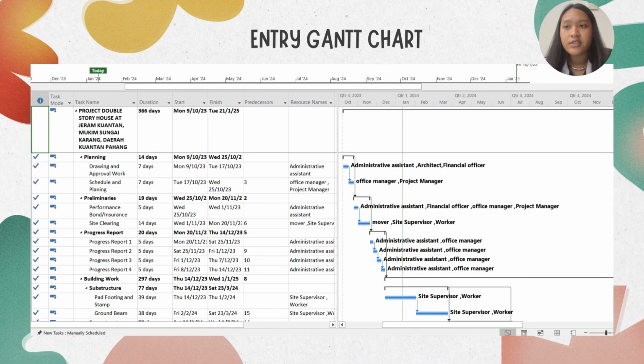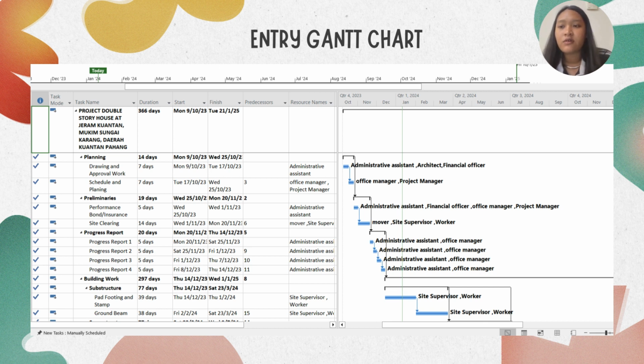Next, for the entry Gantt chart, here we are doing the project double-story house at Jeram, Kuantan, Mukim Sungai Karang, Daerah Kuantan, Pahang. These are the list of activities done for this project. First is planning, next is preliminaries, then progress project.